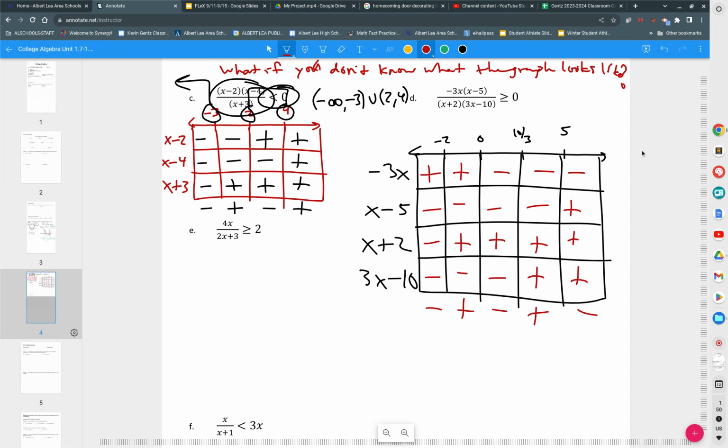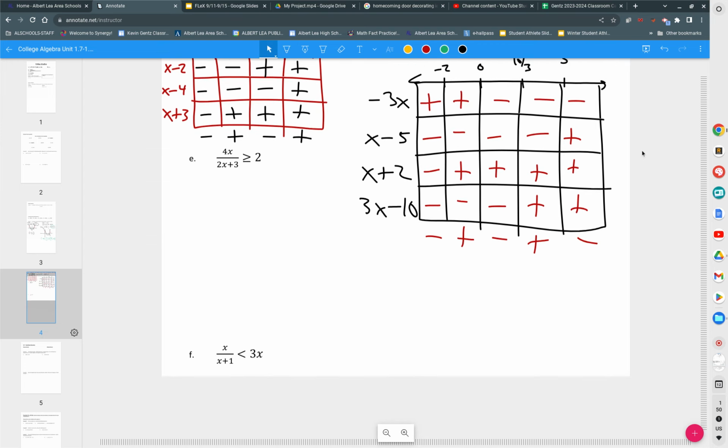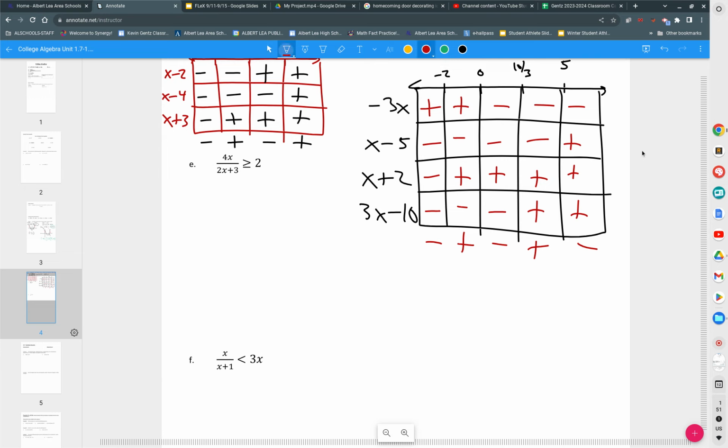See if you can write the solution set. Is that what you wrote for your solution set?